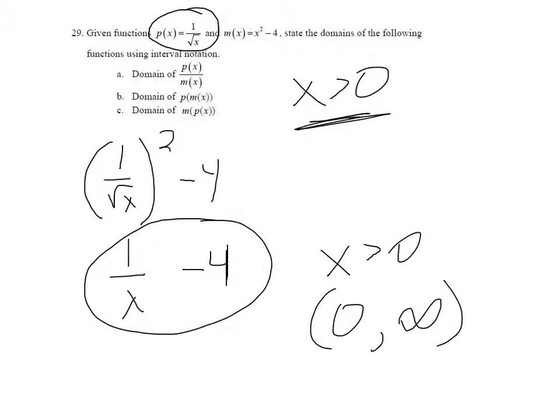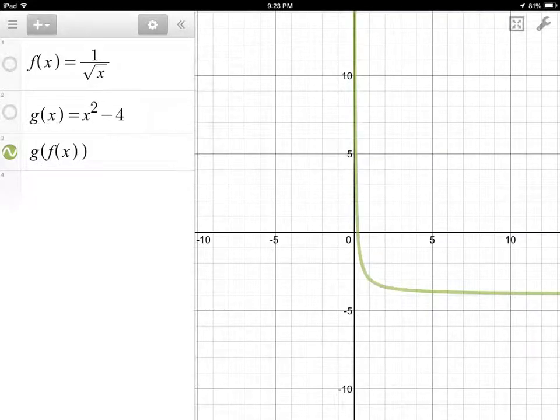Open brackets for both. So I graphed these two functions on Desmos.com, and notice here's the original f of x, and here's the g of x. So then I'm dropping f into g, which gave me that, remember that 1 over x plus minus 4. So the domain of this function, if I'm just looking at this part of it, would be anything except x equals 0, right?